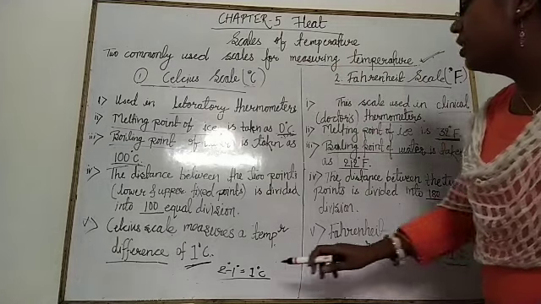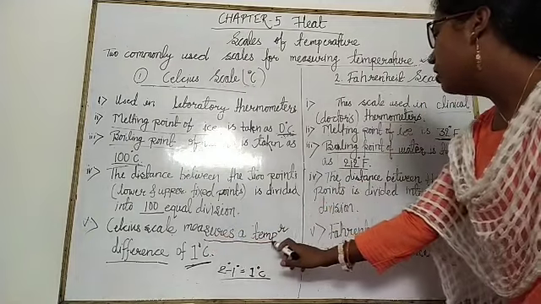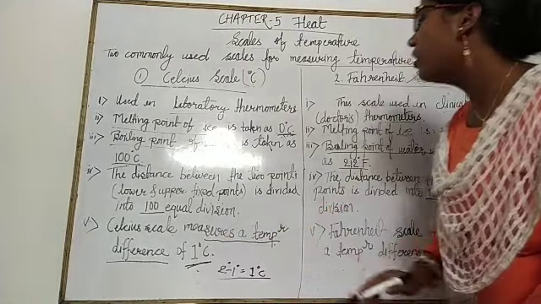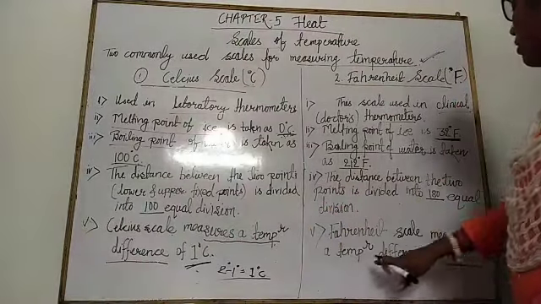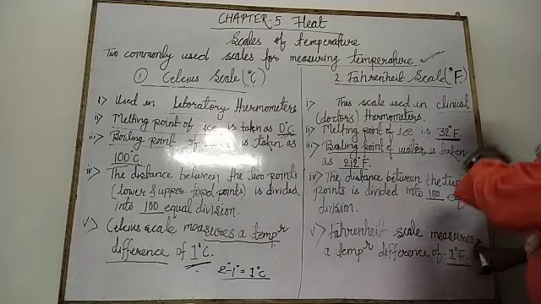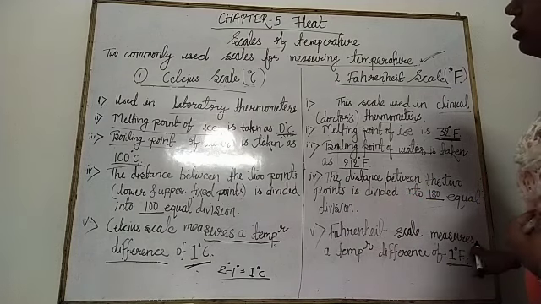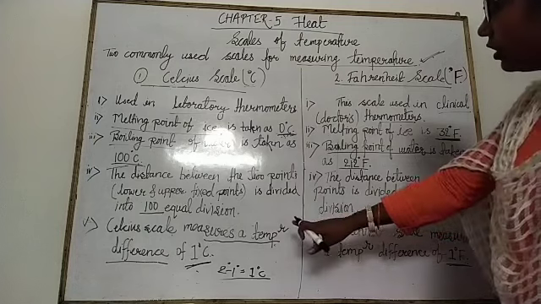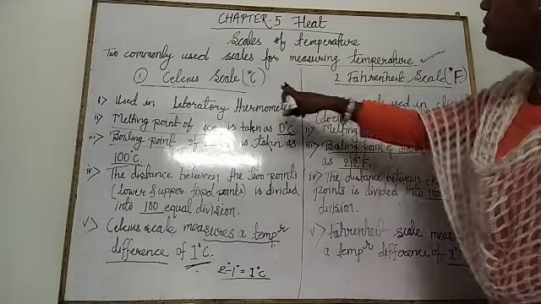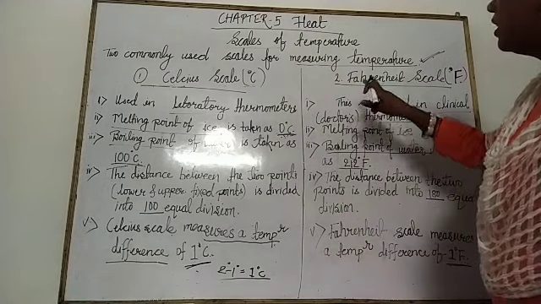Second similarity, the temperature difference is 1 only, in the Celsius scale and also in the Fahrenheit scale. These two are the similarities between the Celsius and Fahrenheit scales.